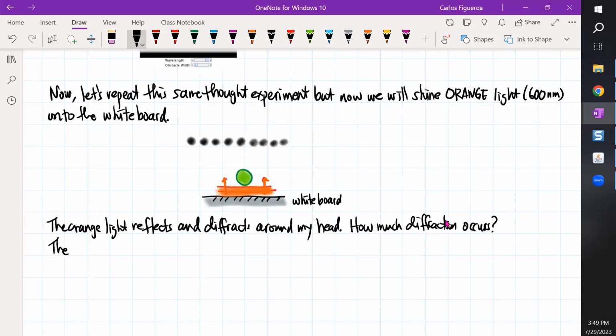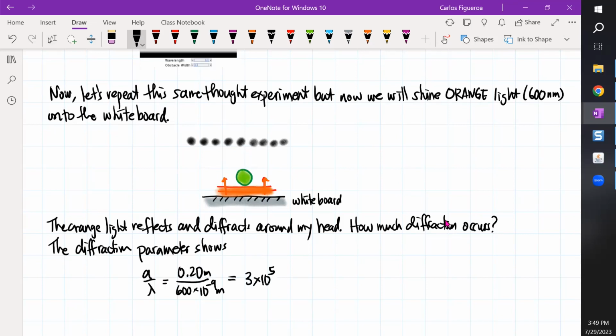The diffraction parameter shows that A over lambda, in this case, will be 0.20 meters over 600 times 10 to the negative 9 meters. Well, you can see that this number is enormous, which tells us that now A is much, much bigger than the wavelength.